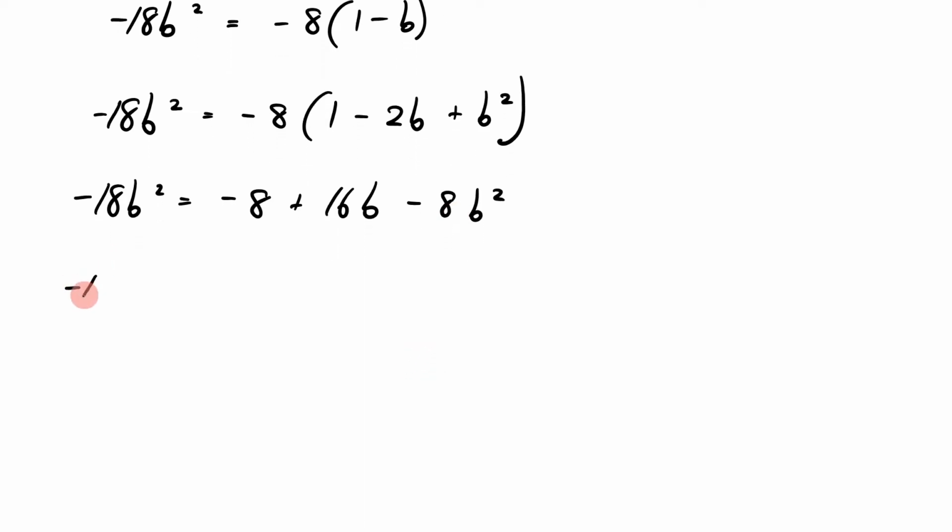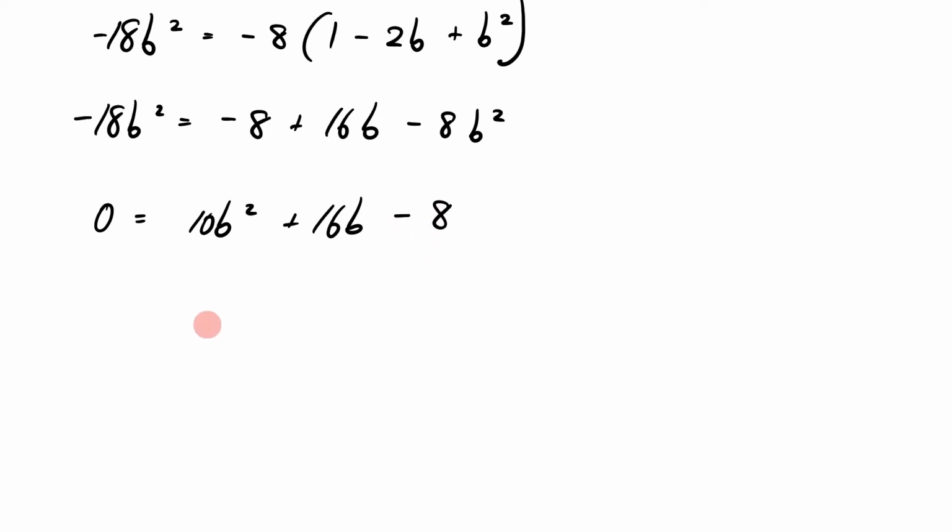So that's going to be negative 10b squared is equal to, actually, I'm going to plus it the other way. Let's go back. Because I know that eventually I want it to be positive b squared. So I'm going to go, this is 0. I'm going to plus 18b squared over. So it's going to leave me with 10b squared plus 16b minus 8.